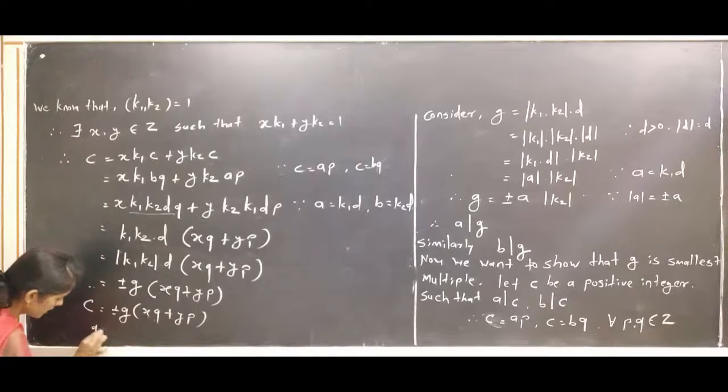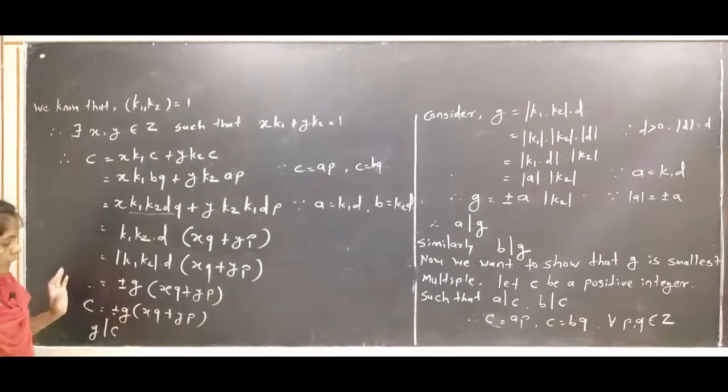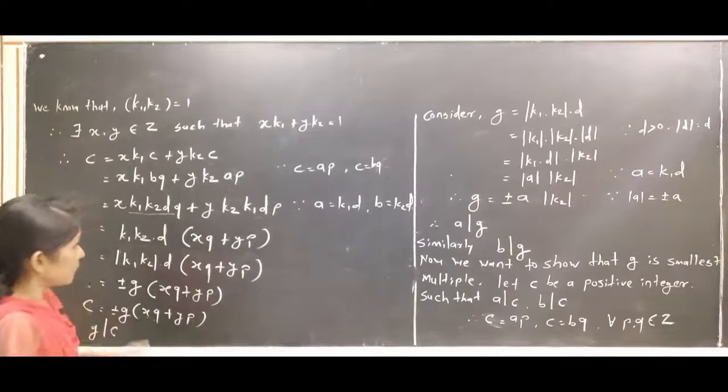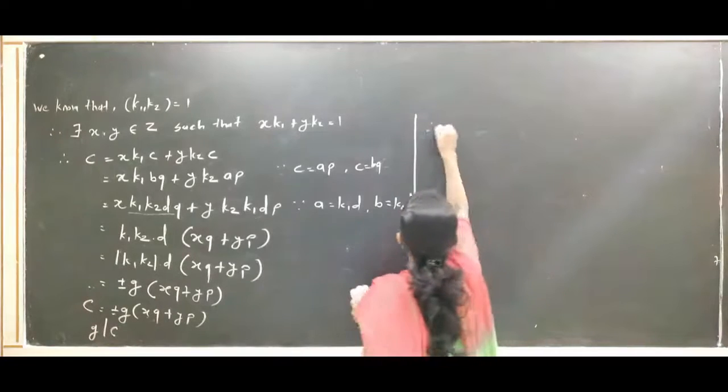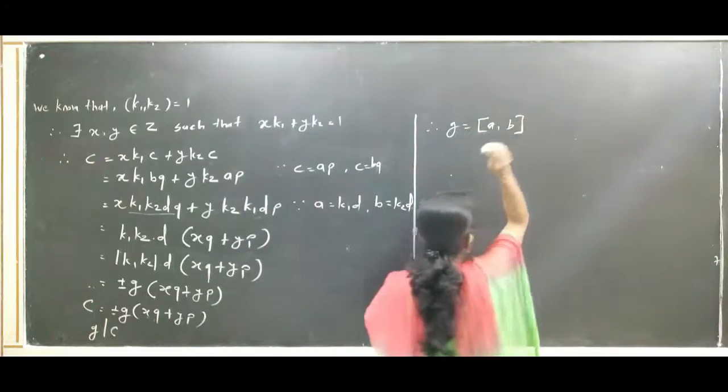So here we get g divides c. Okay, so g divides c, that means g is the smallest common multiple of a and b. Therefore g is LCM of AB.